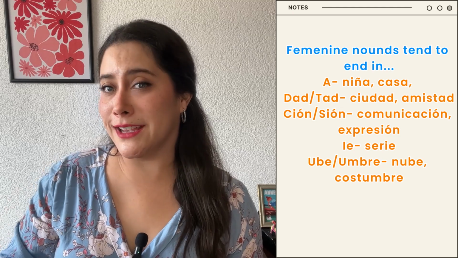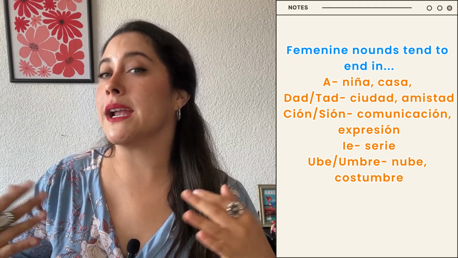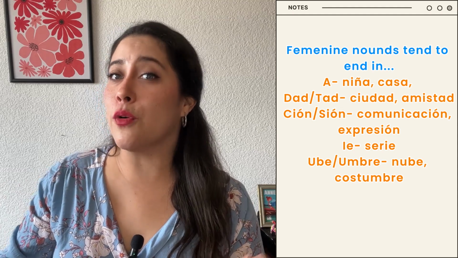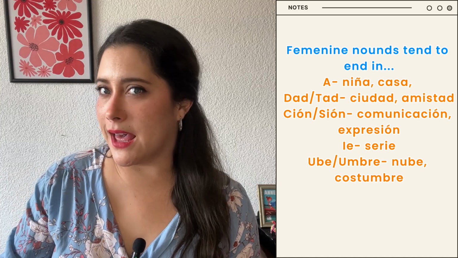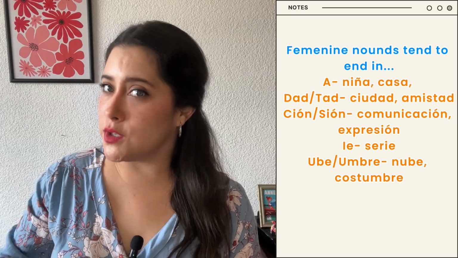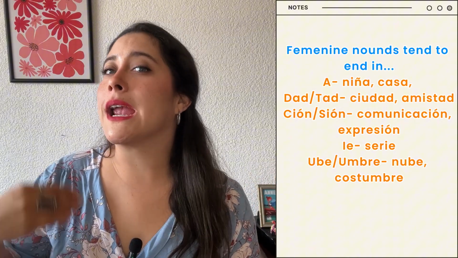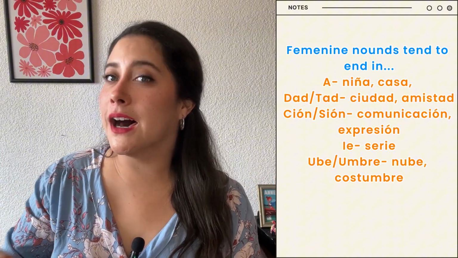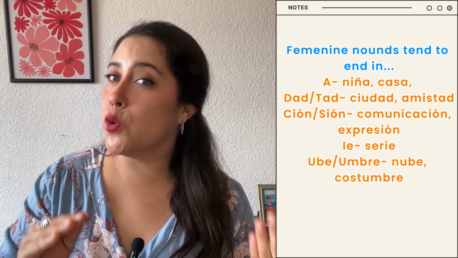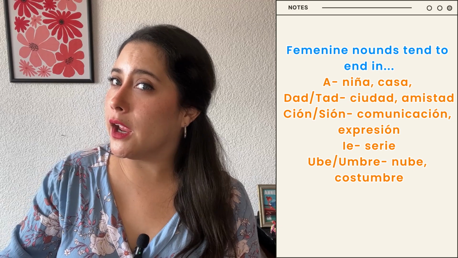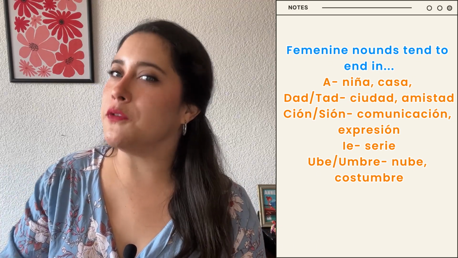And on the other hand, most words ending in A, such as niña or casa, dad or tad, such as ciudad or amistad, ción or sión, such as comunicación or expresión, IE, such as serie, and UMBRE, such as nube or costumbre, will be feminine.